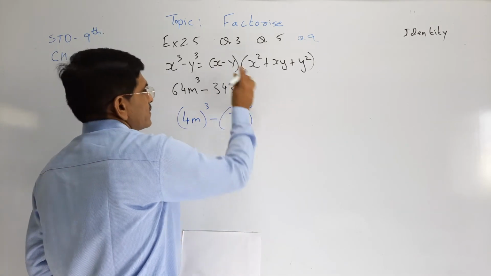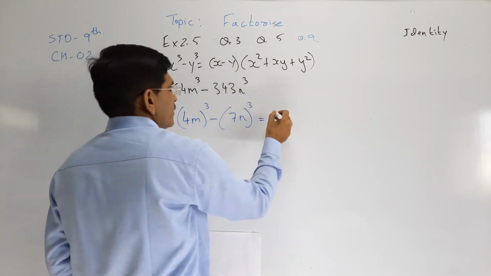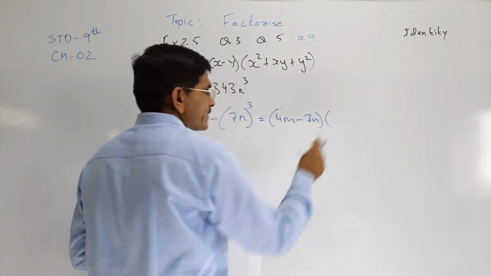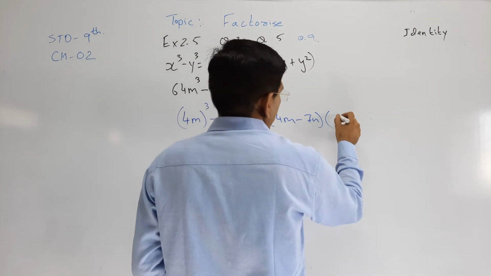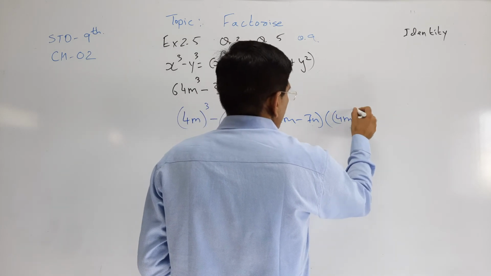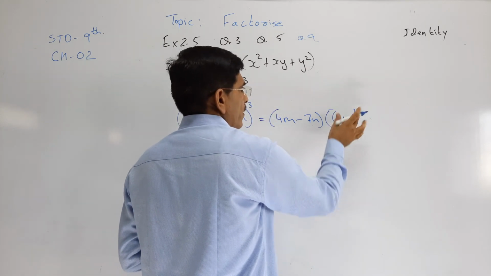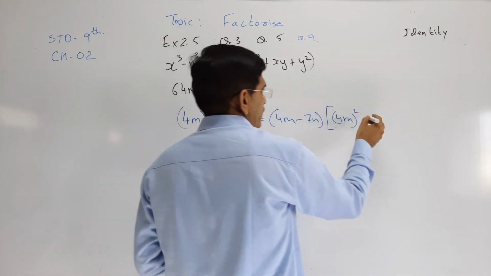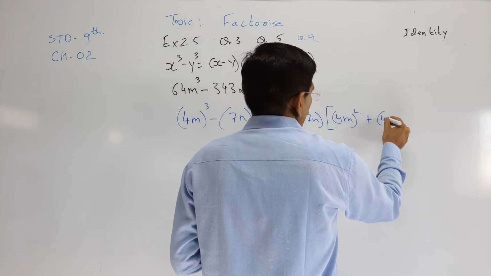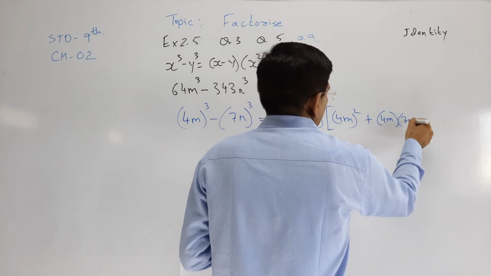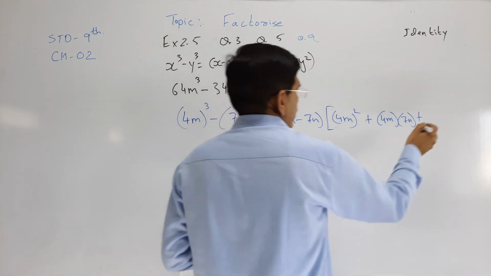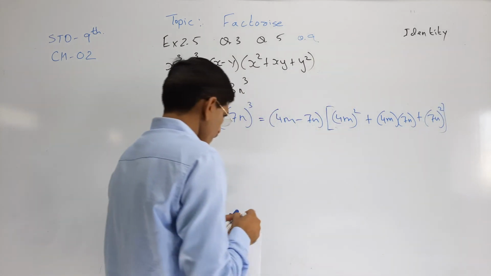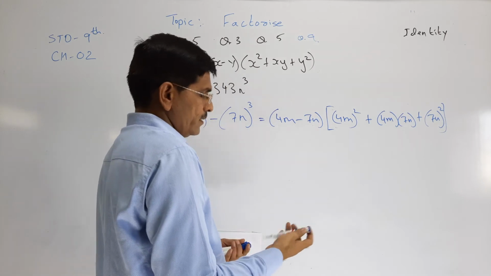Now the answer: first bracket as it is, so 4m minus 7n. Second bracket, 4m square I have to write, plus sign becomes minus 4m into 7n, plus 7n square. Now I have to open the square.